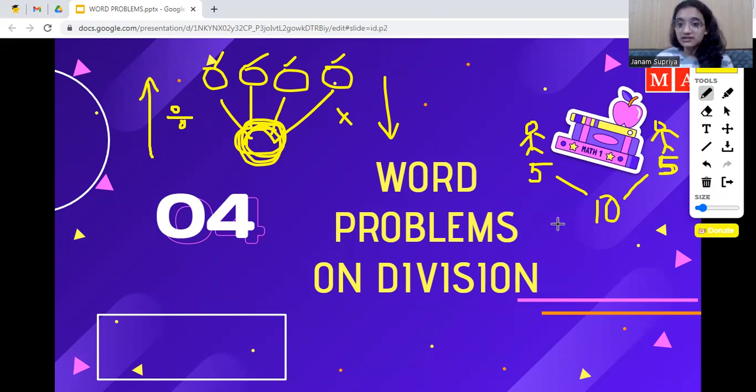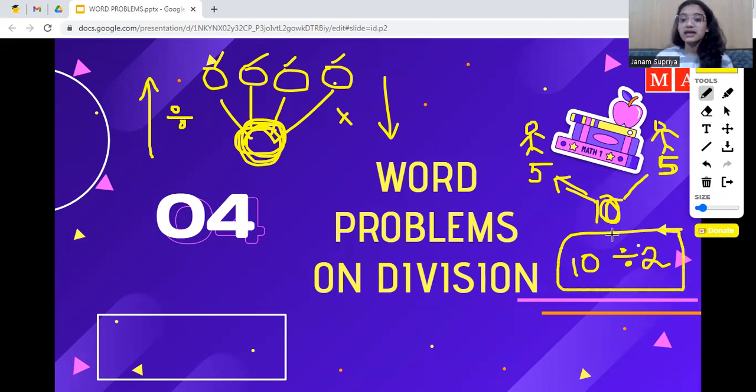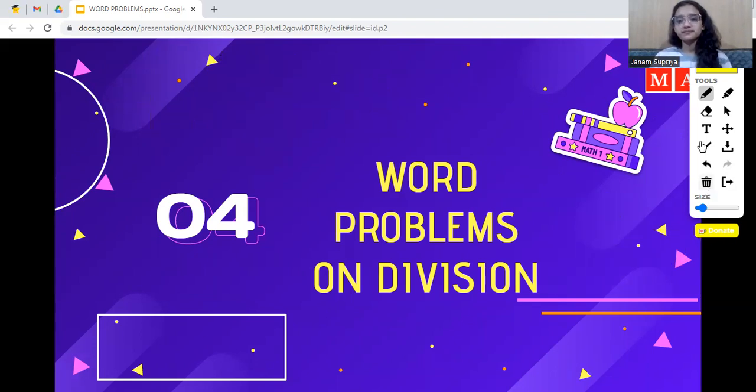So this is a division. We are dividing these 10 chocolates between 2 children. This is the application of division. When you want to divide a whole into subparts, then we use division.